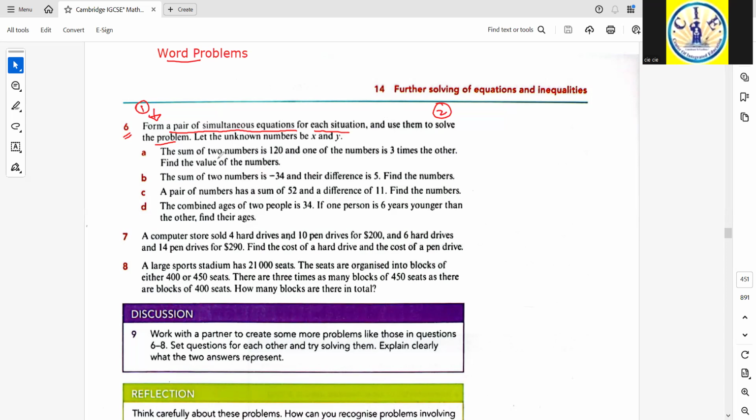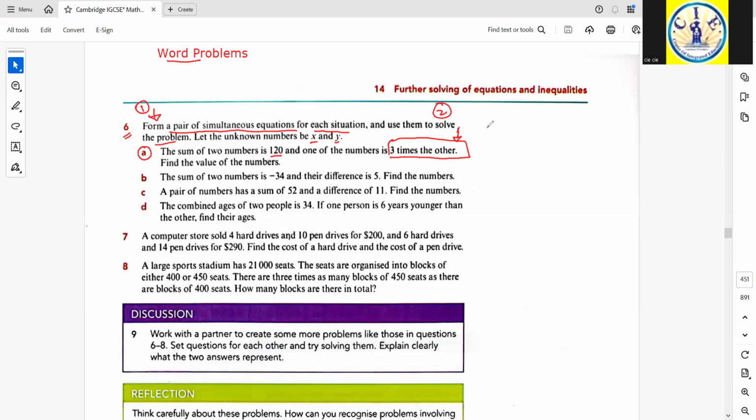Let the unknown numbers be x and y. Let me solve part A. The sum of two numbers is 120 and one of the numbers is 3 times the other. The trick is that where a comparison is given, we suppose the quantity with which the other quantity is compared.